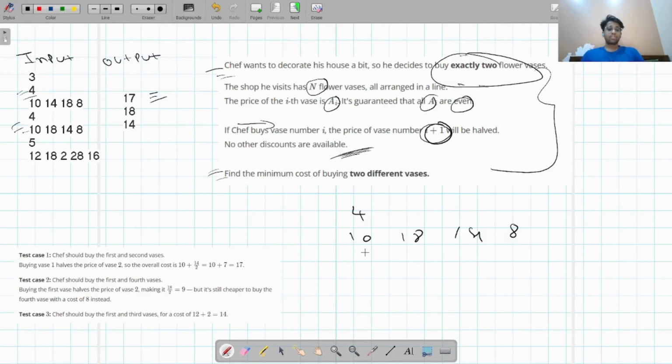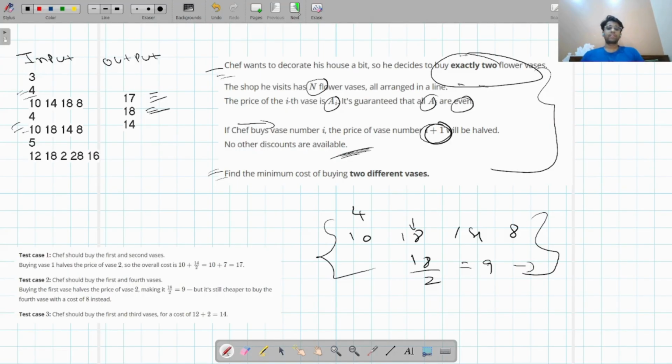Buying the first vase halves the price of vase 2, so it will become 18 by 2, which equals 9. But it's still cheaper to buy the fourth vase with a cost of 8 instead. So the output would be simply 18. I think the test cases are pretty much clear.